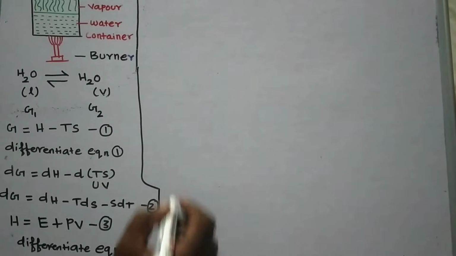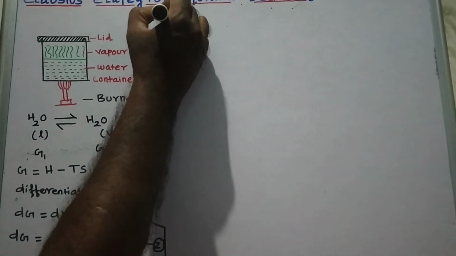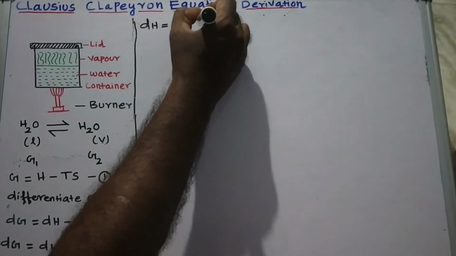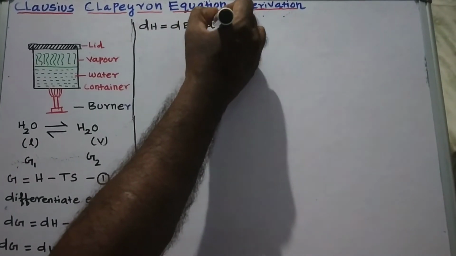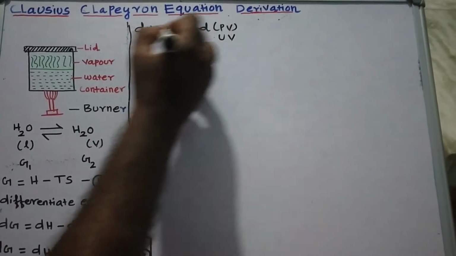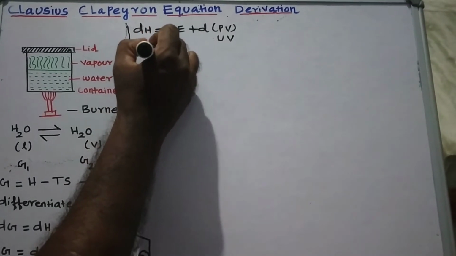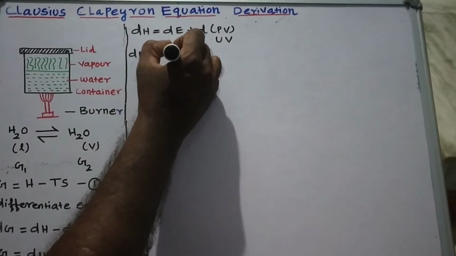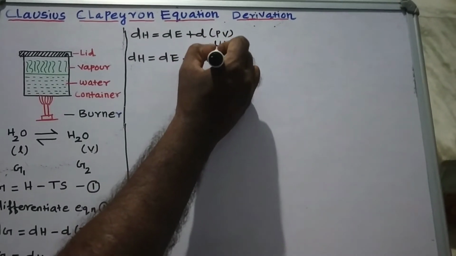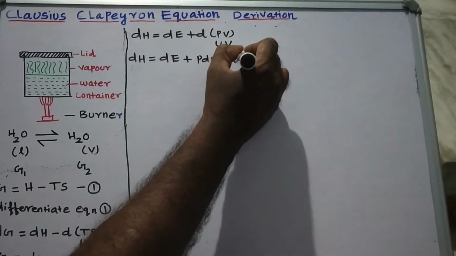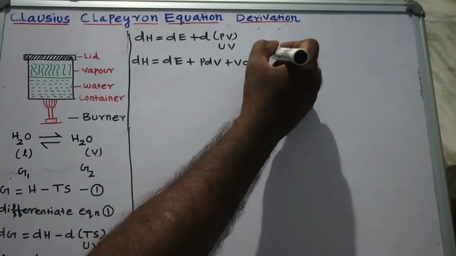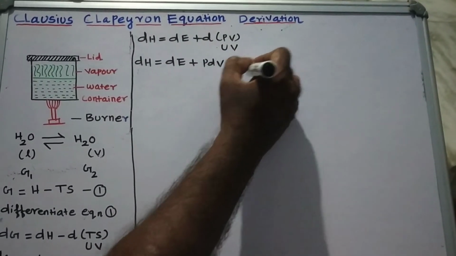So it becomes dH is equal to dE plus d(PV). It is again of the form UV. Therefore it becomes dH is equal to dE plus P dV plus V dP. Okay, this is equation number 4.